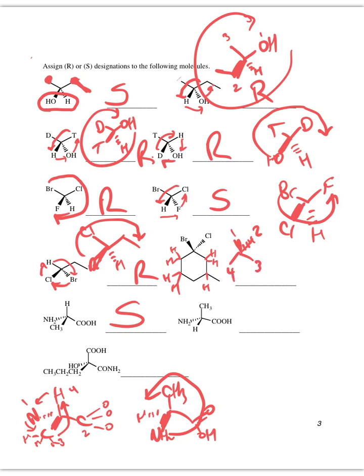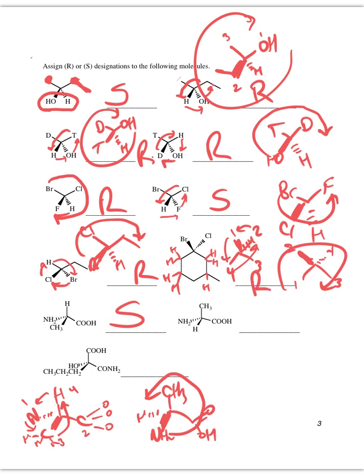So we need to rotate 4 in the back. 2 where 1 is, 1 where 4 is, 3 stayed put, 4, and 2. So we're going 1, 2, 3. It is clockwise. It is R.